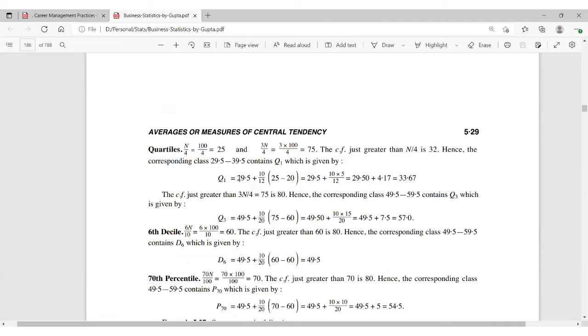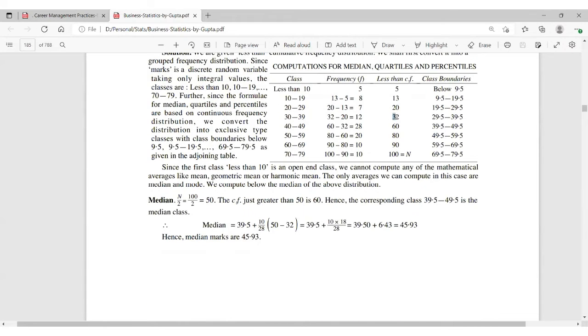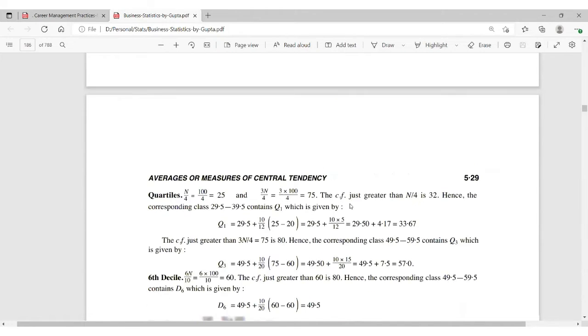See, L plus h by f into n by 4 minus C. In this case, first of all, L. In this class, see in this class 32, L is what? 29.5.